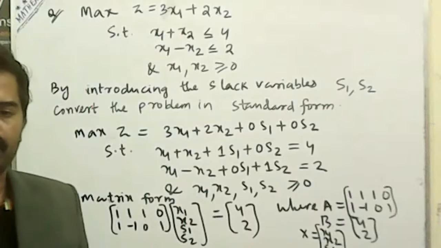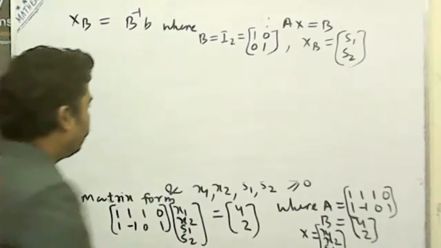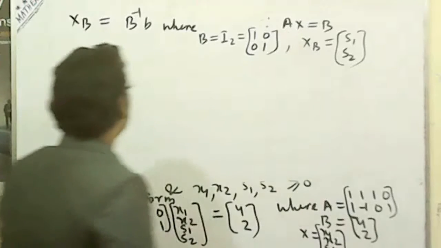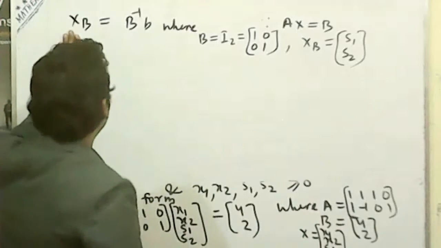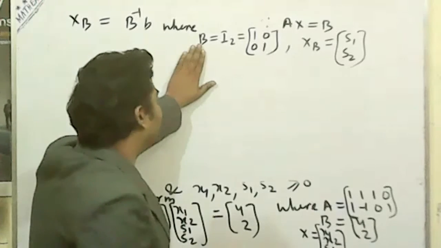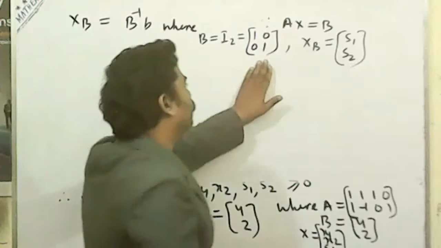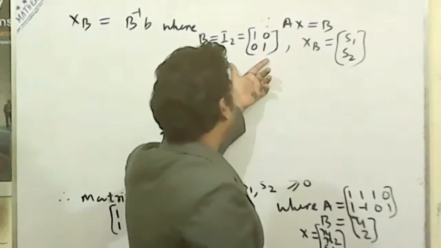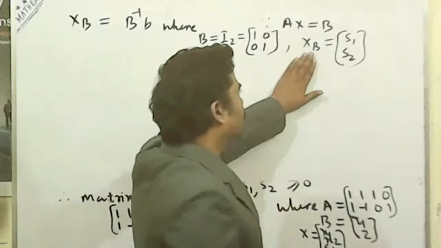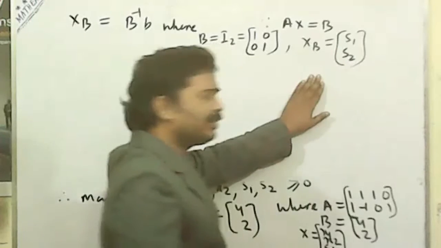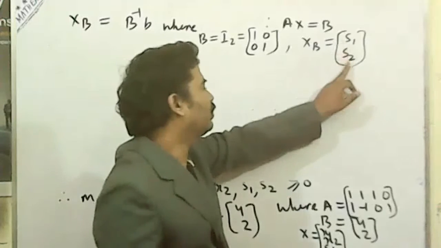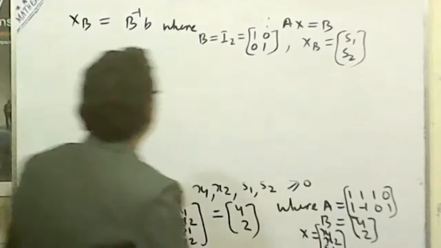Now here comes Ax is equal to b, that is the form of matrix. So now xB is equal to B inverse b, where B is equal to the identity basis matrix, that is 1 0 0 1. So xB is equal to s1 and s2, the two basis variables, which are the slack variables.